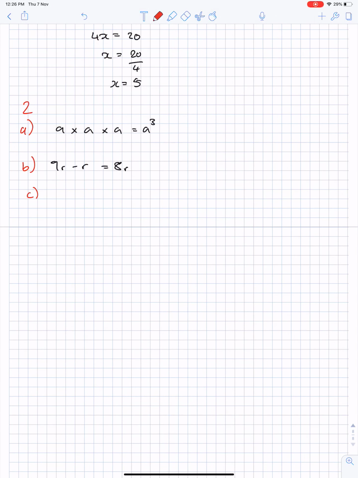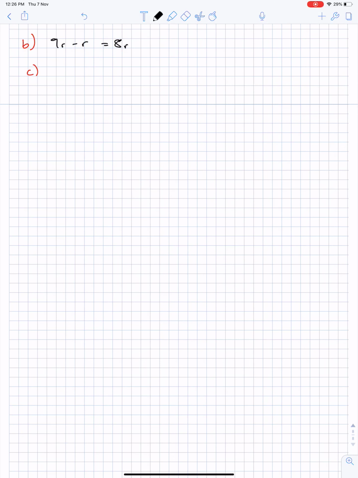C, 5d plus 3d minus d equals, so you got 5 plus 3 is 8 minus 1 is 7d. D, 3p times negative 6q, which equals 6 times 3 is 18, negative 18pq.